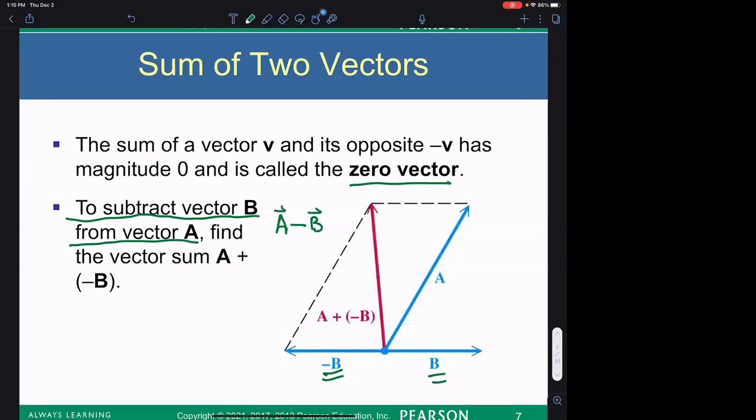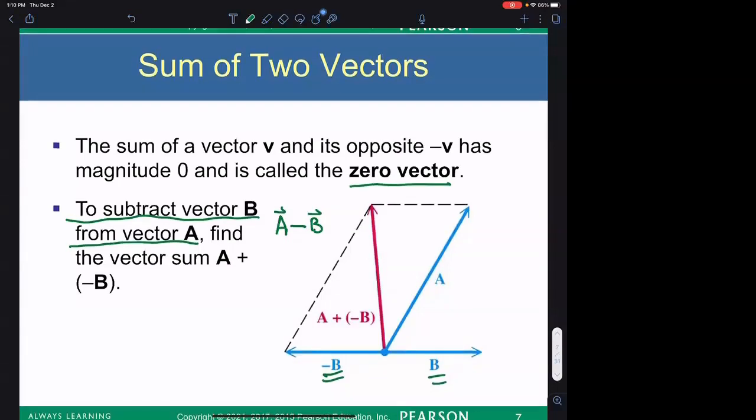To have vector a minus vector b, to do subtraction, like we can do with subtraction of real numbers, we're going to think of that as adding the opposite of b. So vector a minus vector b, the way we get the result of that is by taking vector a and adding the opposite of vector b to it. Those are going to give you the same thing.